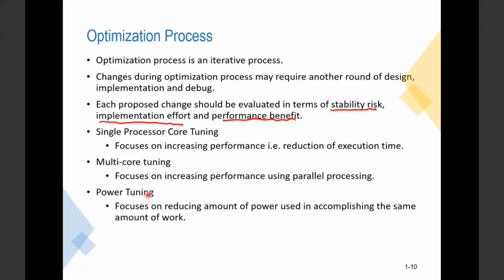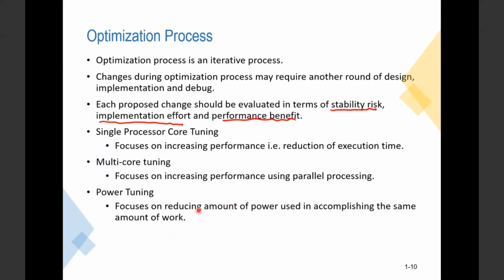Okay, and the last one is the power optimization. We are going to do power tuning, which focuses on reducing the amount of power used to accomplish the same amount of work. Because we know that if you want to make your system faster, you need to have more power consumption.